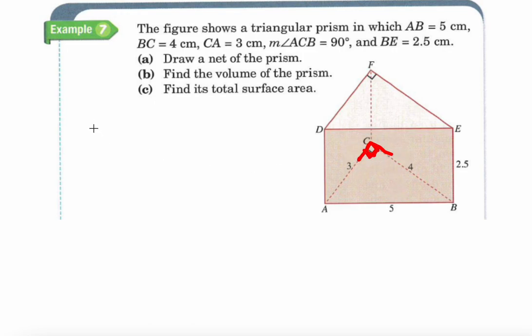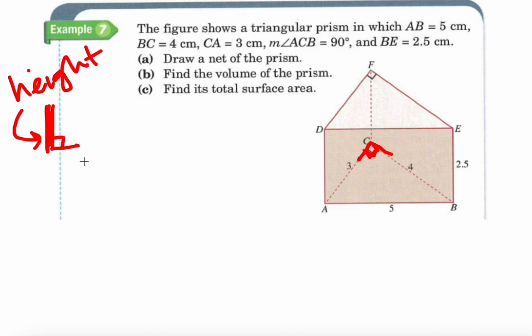By creating 90 degrees, they're basically saying, hey, this one right here is the height, because a 90 degree angle means this length over here is going straight up and down. So if you have this number, that's basically how tall that shape is going to be. So this right here is very important to know. That's telling you one of these is the height.